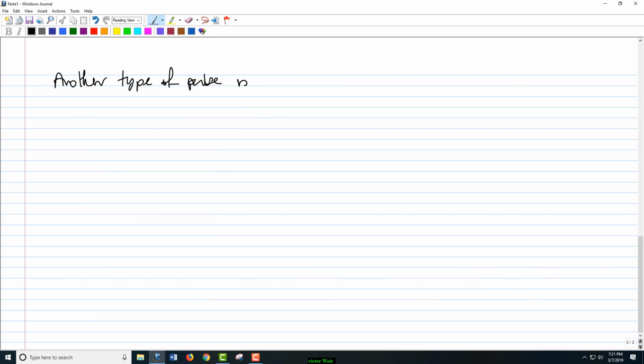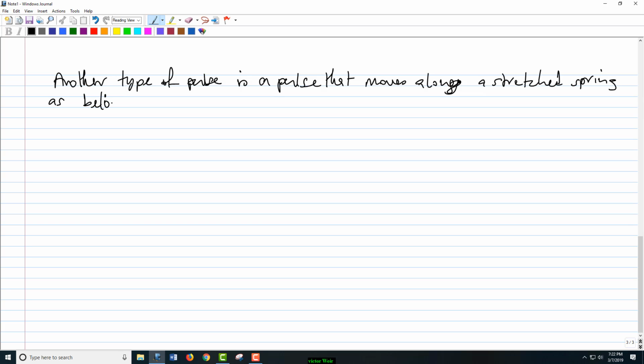Another type of pulse is a pulse that moves along a stretched spring, as below. This particular pulse involves compressions and relaxations of the spring. Again, we can think of our hand holding onto a spring.